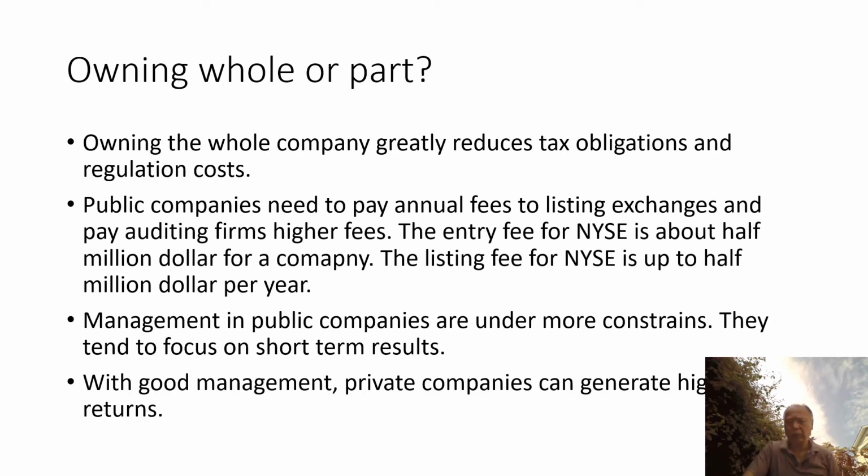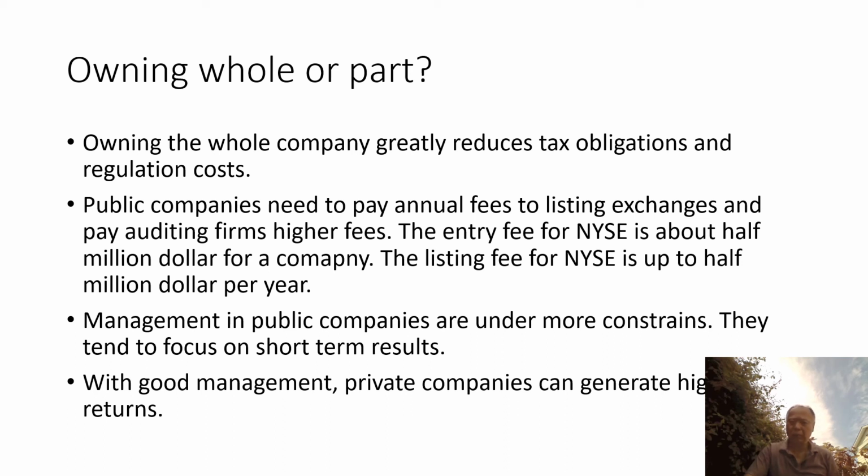Owning the whole company greatly reduced tax obligations and regulation costs. Public companies need to pay annual fees to listing exchanges and pay auditing firms higher fees. The entry fee for the New York Stock Exchange is about $500,000. The listing fee for the New York Stock Exchange is up to $500,000 per year.